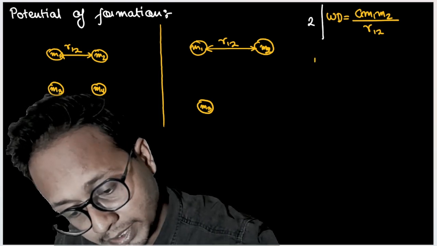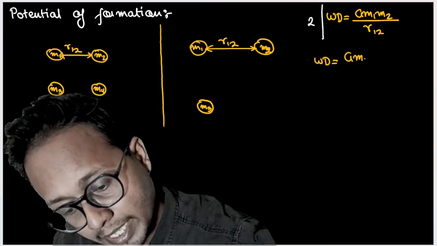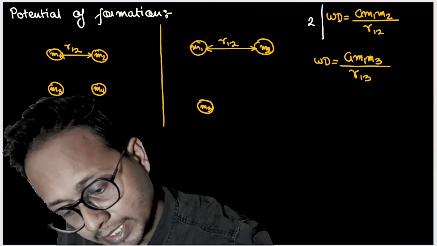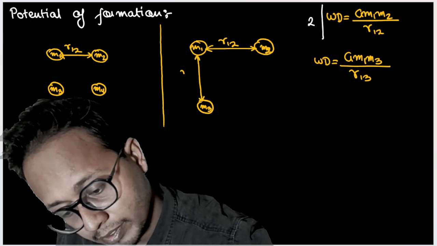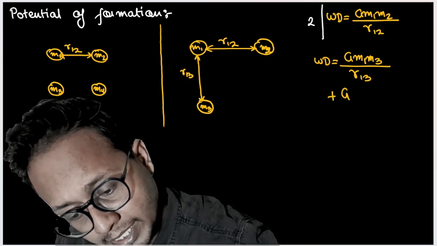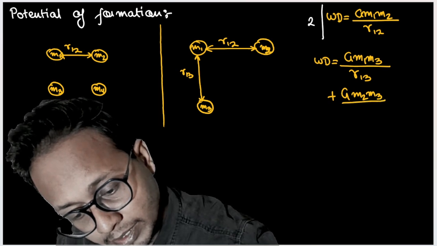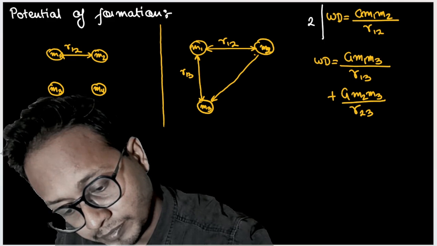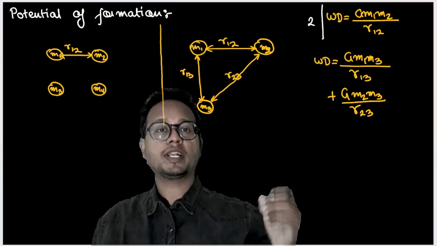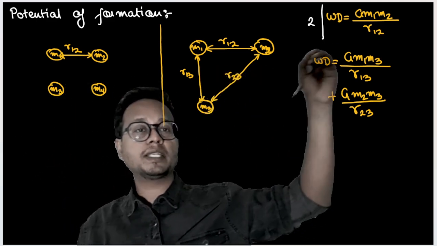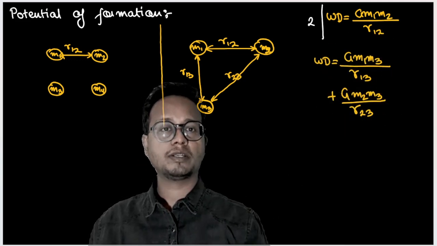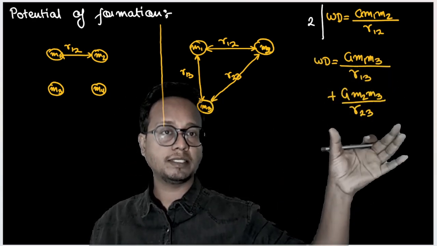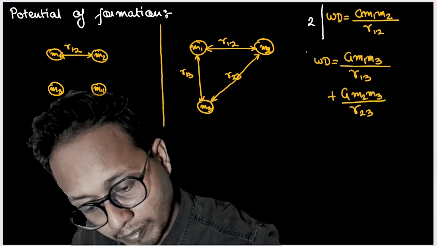Work done in bringing mass 3 is nothing but G m1 m3 divided by r13, this much distance, plus G m2 m3 divided by r23, this much distance, isn't it? So when I bring the third mass, the potential energy of the system would be the work done on this one plus the work done on this one. The work done by gravitational force to bring only this mass is the entire expression. This is the work done to bring mass number 3.